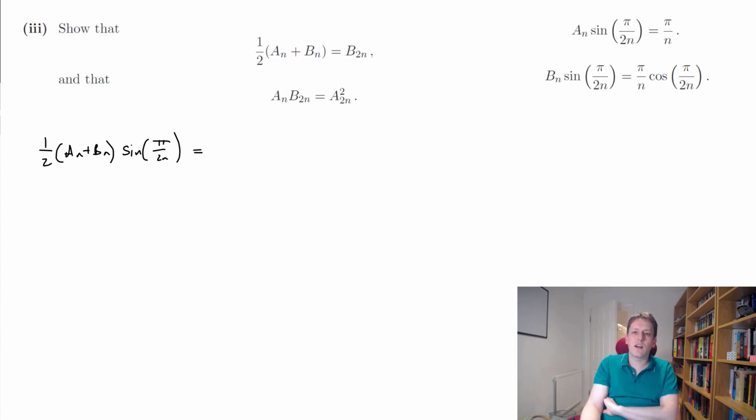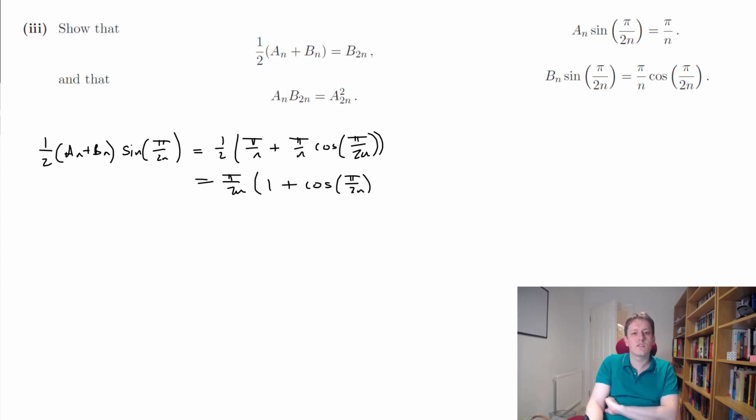Then you see, an times sine pi over 2n gives a half here of pi over n, plus bn, which is pi over n times cos of pi over 2n. So if I pull this pi over n out, I've got pi over 2n times (1 plus cos of pi over 2n).